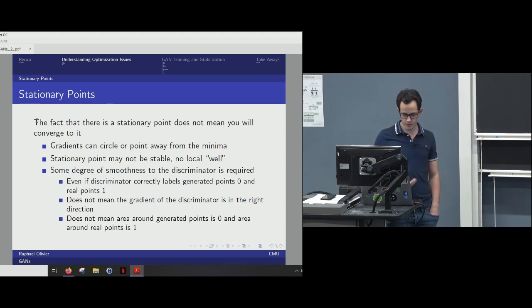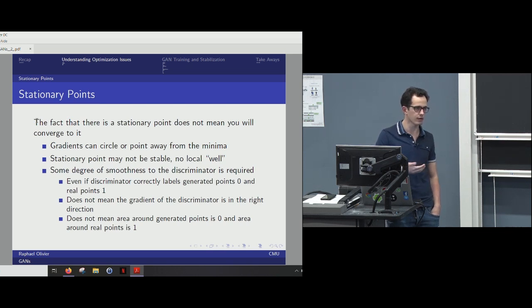One of the takeaways that you can get from that is that the discriminator needs some sort of smoothness, so that it's not going to go in a very weird direction.